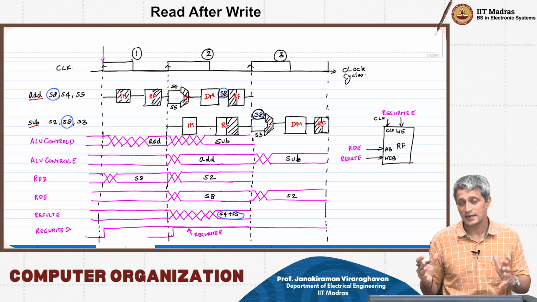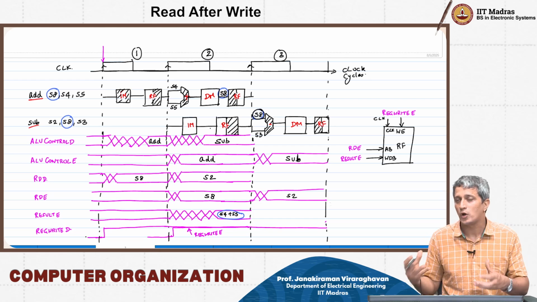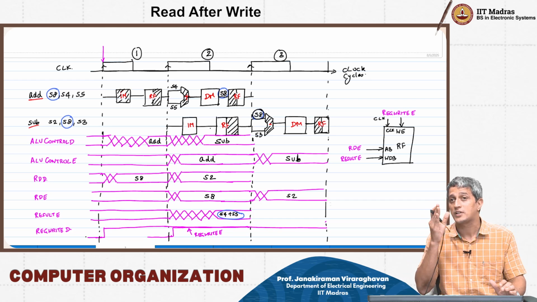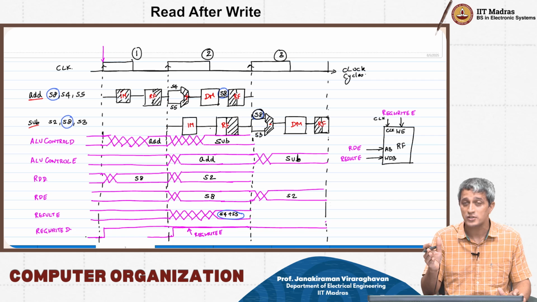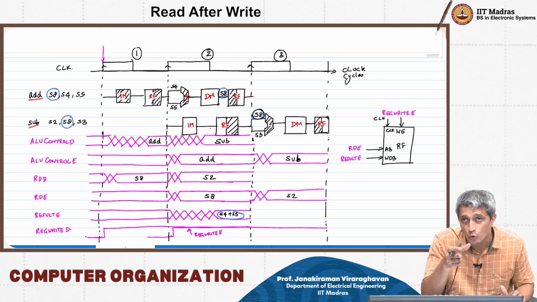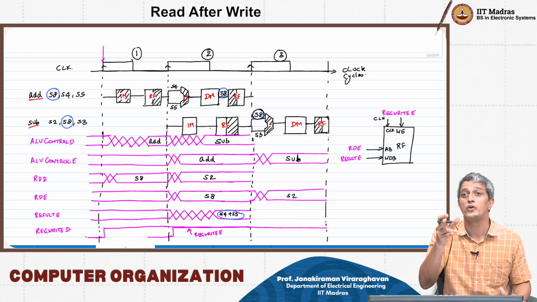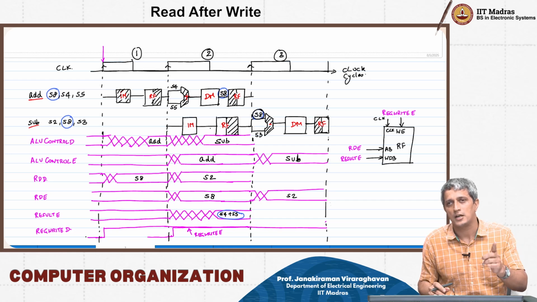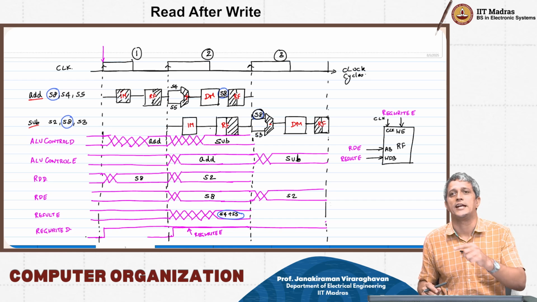Remember, like I told you, the actual write happens only on the positive edge of cycle number 3. That means the read operation that you are going to do at that point, you will end up reading old data from that particular register S8.